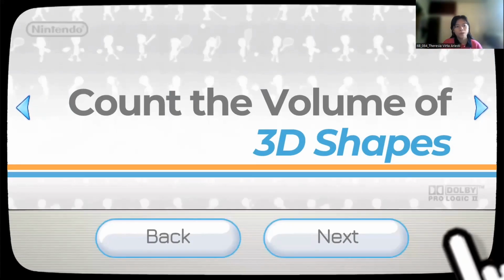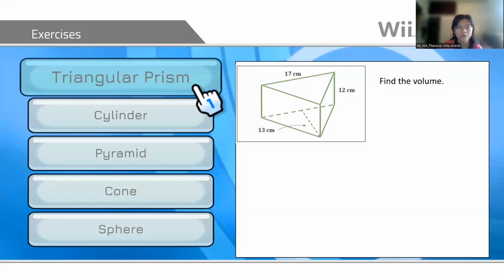Okay, now we're going to count the volume of 3D shapes. The first is the triangular prism. So we're going to find the volume. Before we do the exercise, do you know the volume formula of the triangular prism? Actually, let's go to the base first.